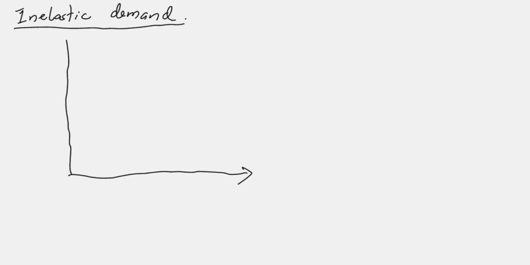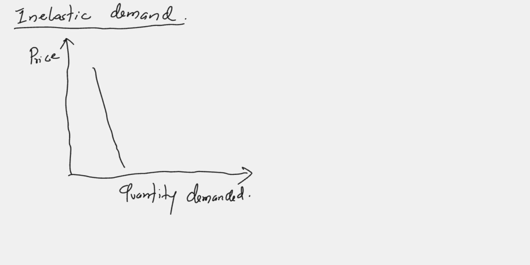Again, if a good's demand is price inelastic, the demand curve will be looking like this. Unlike the price elastic demand, this curve will be very stiff with a very sharp gradient.